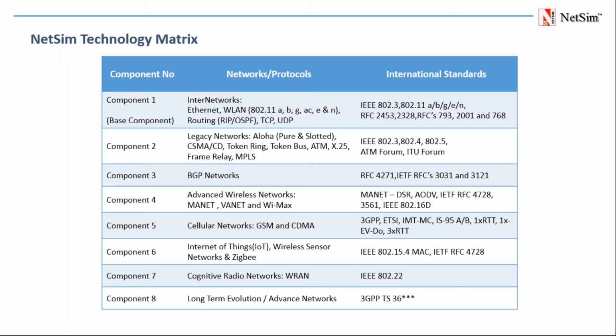Component 3 is having BGP network, border gateway protocol. And component 4 is having advanced wireless network, that is having mobile ad hoc network, vehicular ad hoc network, and WiMAX. And 5 is having cellular network, GSM and CDMA. 6 is having IoT, Internet of Things, wireless sensor network, and ZigBee. Then component 7 is having cognitive radio network, and 8 is having long-term evolution or long-term advance.